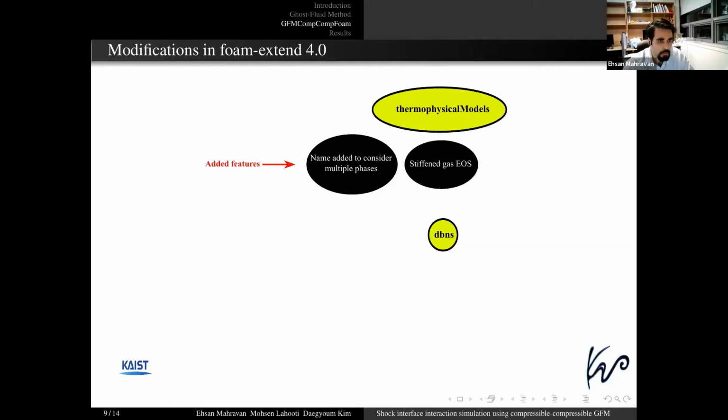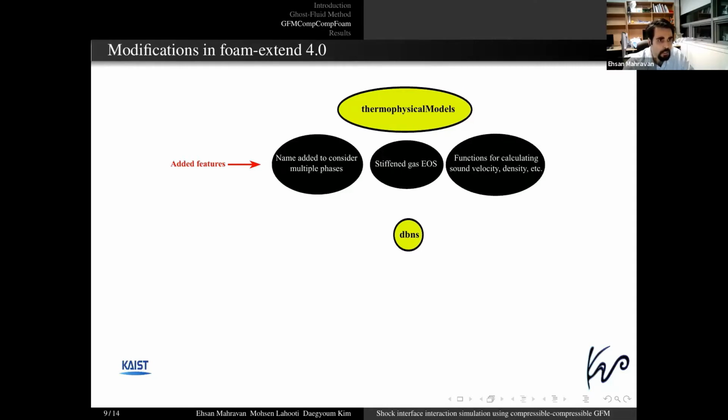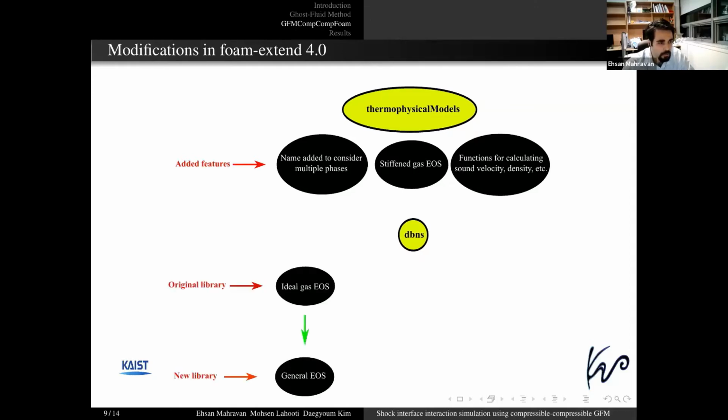And the stiffened gas EOS, which is quite popular for simulation of wave propagation in water, is added. And some functions that I needed for HLLC and the ghost fluid method are also added to the library. On the other side, DBNS, which consists of the solver and the library, originally only handled ideal gas EOS.